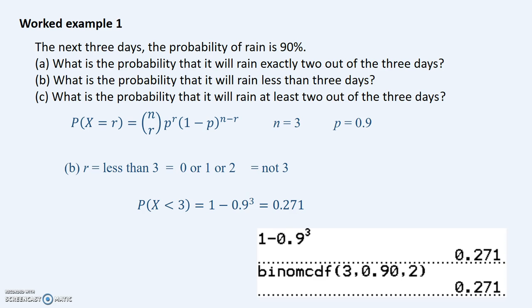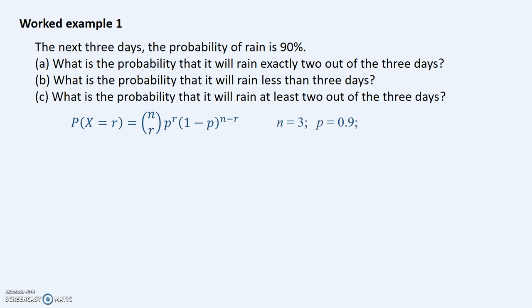You can either work that out logically, like I've done, saying less than 3 is not 3, so it's 1 minus the probability of 3, or we can use this binomial CDF formula. This is C for cumulative, that means it's less than or equal to 2, so 0, 1, or 2. So again, explore that formula on your calculator.